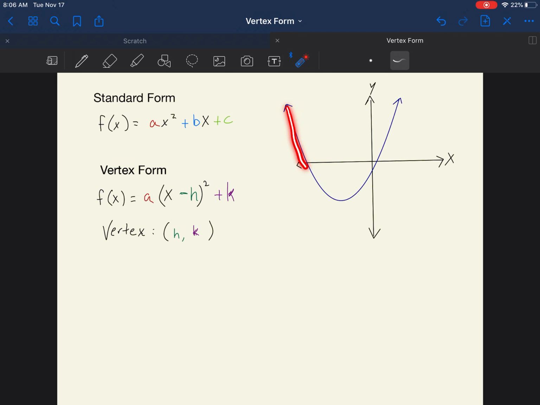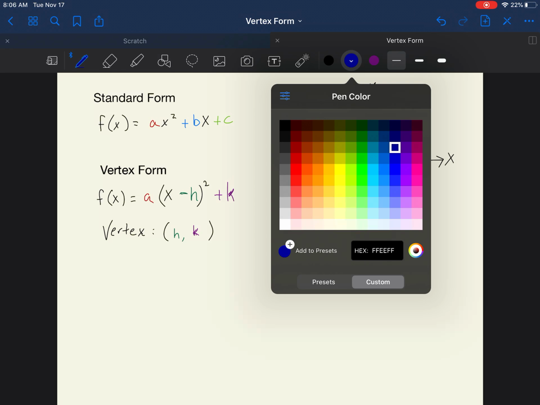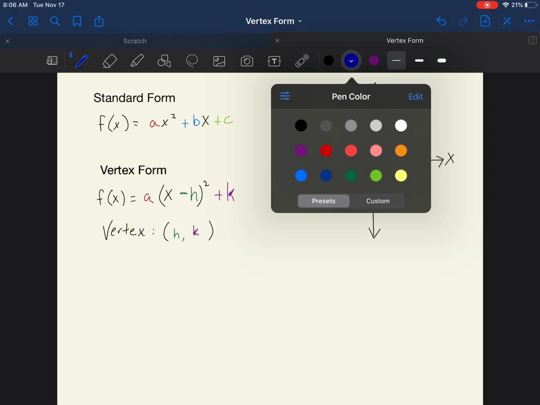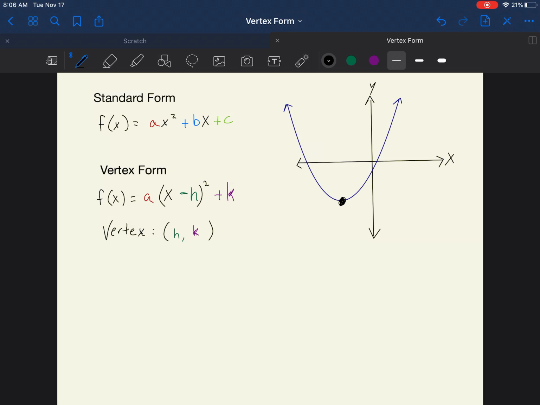And our vertex is where the parabola changes direction, which is down here at the bottom. So your vertex would be right here, and it would be represented by whatever is h, k. And we'll look at some examples here in a second. So your vertex form simply tells you what that point is.